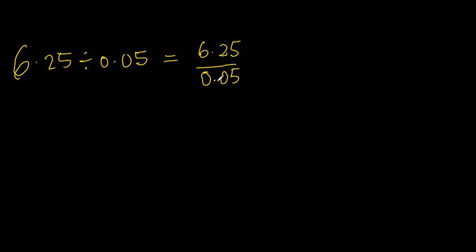What I mean by that is you move the decimal point 2 places to the right, 1, 2. And as soon as you do that, you have to do the same thing in the numerator. So the numerator becomes 625, and the denominator becomes 5.